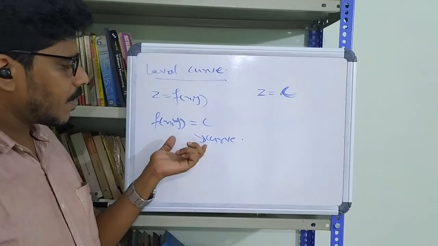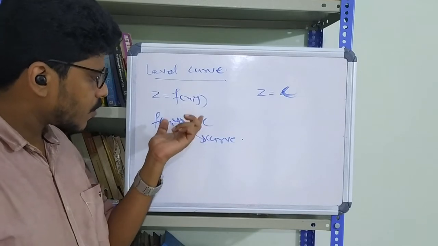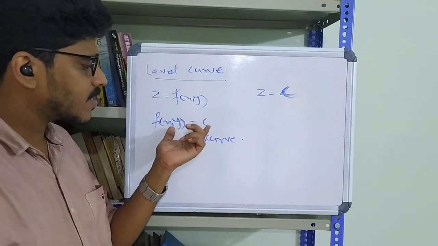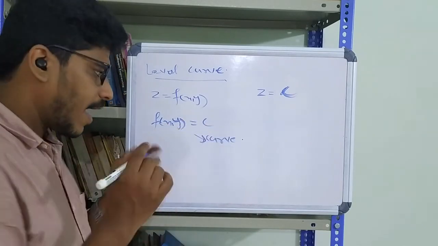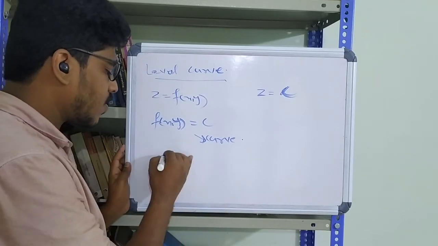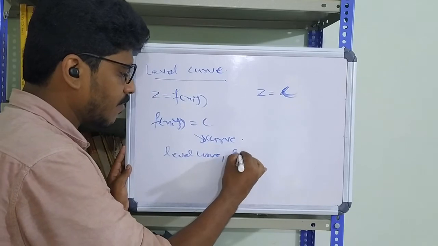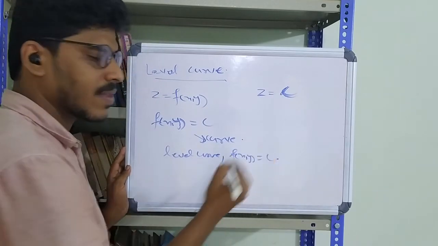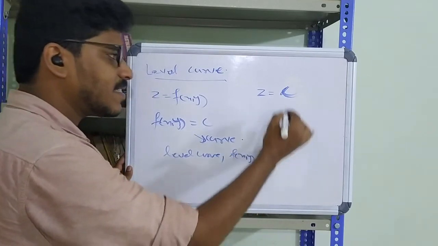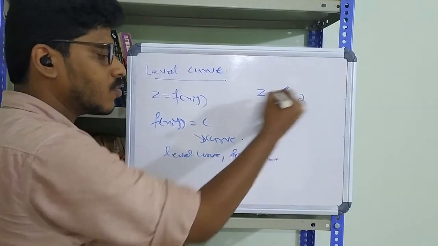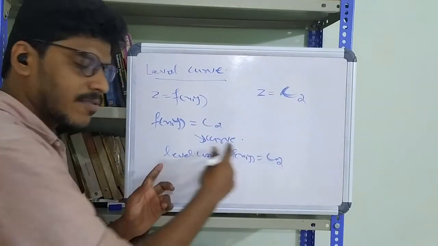If you try to draw this graph, f of x, y equal to c, you will end up with a curve, and that curve is called the level curve f of x, y equal to c. Remember, if I change this c to some c2, the level curve will change.